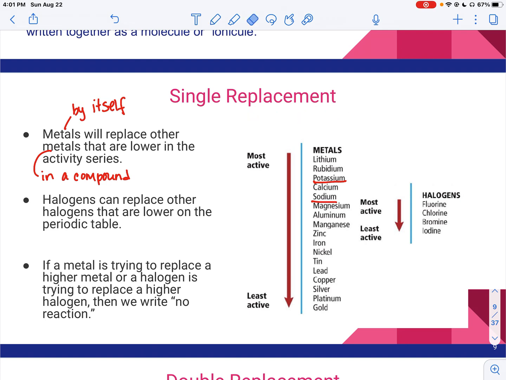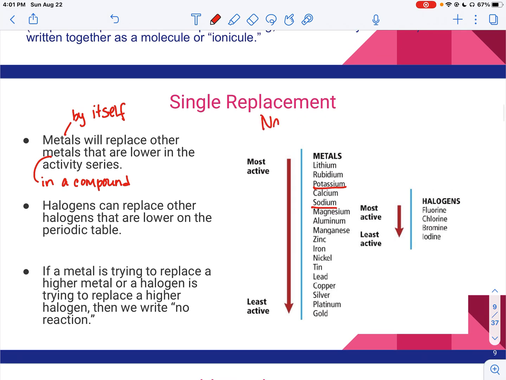If it was the other way around, say we had Na trying to replace K, that's not going to happen because sodium, the metal by itself, is lower in the activity series. So that means that there is no reaction. And you can even write no reaction.